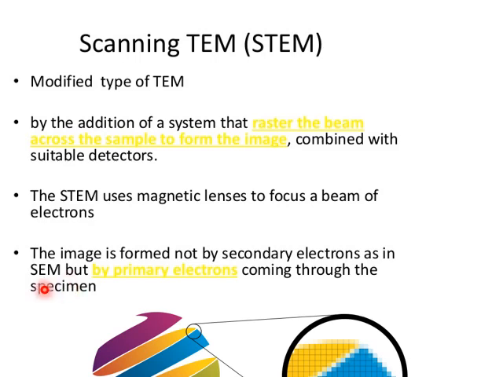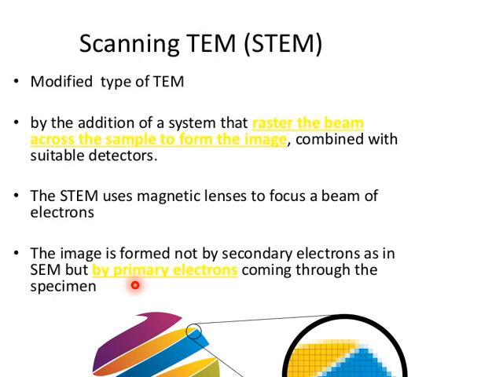In scanning electron microscope, the secondary electrons, that is the electrons which come out from the specimen, will form the image, while in STEM, the primary electrons will pass through the sample, and these primary electrons will form the image.